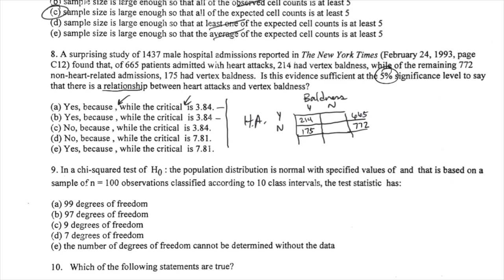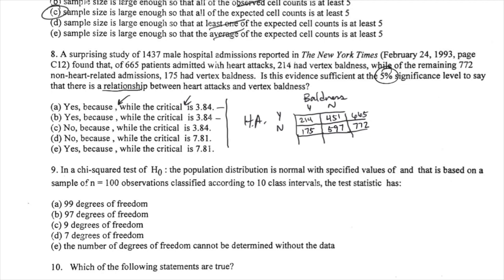Let's go ahead and fill in the rest of this chart. So 665 minus 214 is going to leave me with 451. 772 minus 175 is going to be 597. Now, I don't need the totals here. I just needed to get those numbers inside the table.